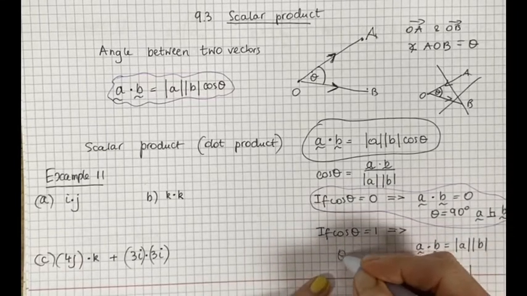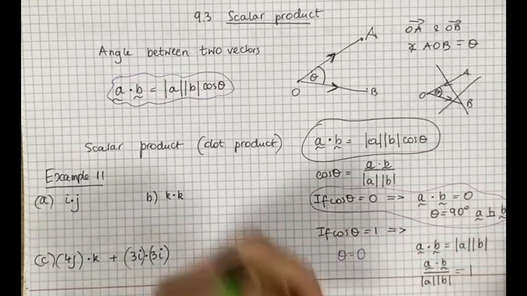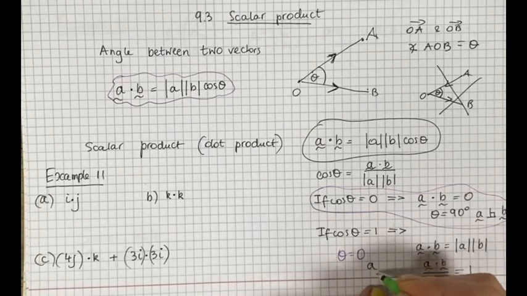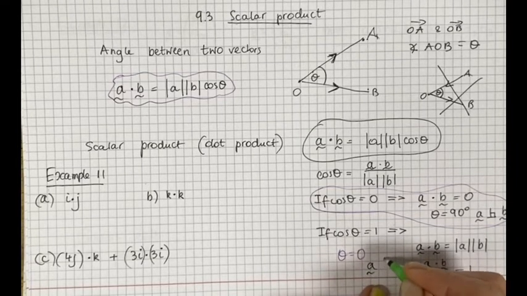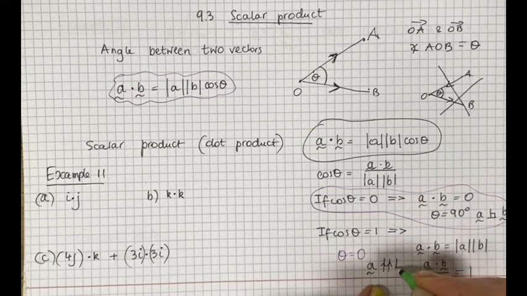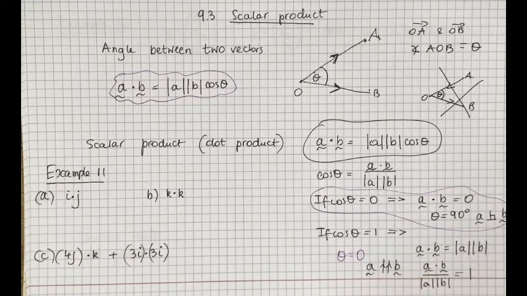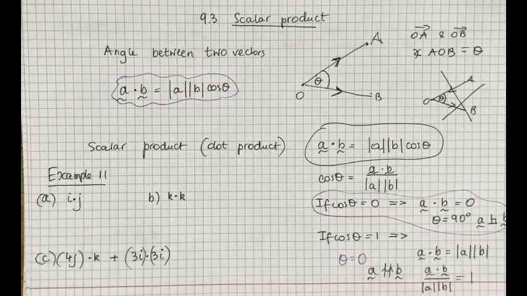It happens when theta is equal to 0. What does it mean? It means that either A is equal to B, so it's the same vector, or they're parallel to each other. For two vectors that are parallel, the scalar product is equal to the product of their lengths.